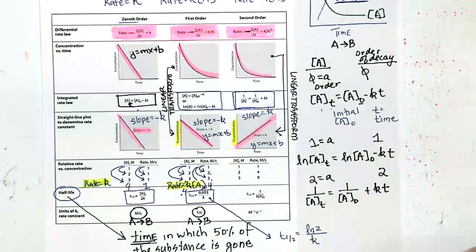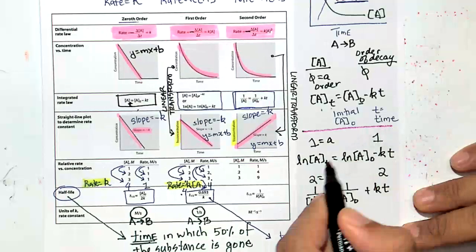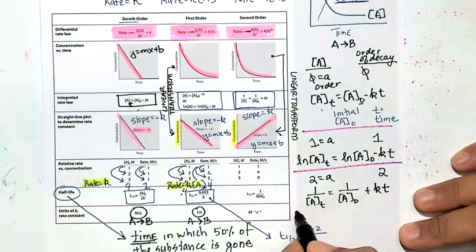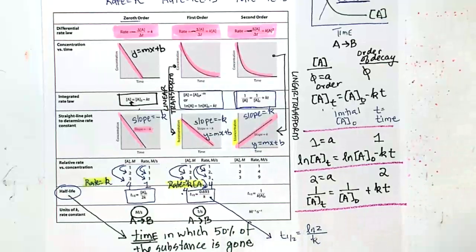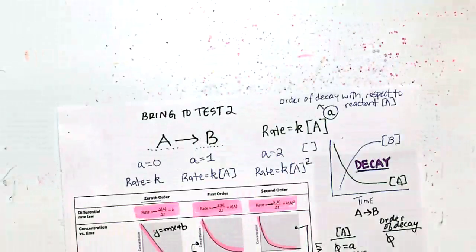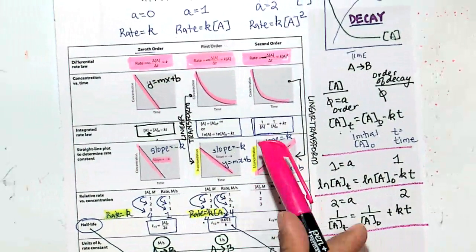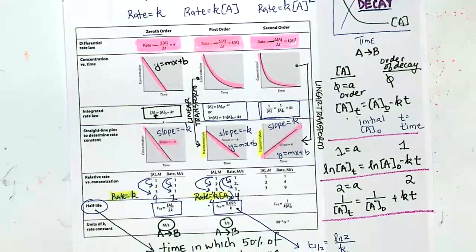So in terms of the equation, it's 1 over A at time t equals 1 over A naught, which is initial, plus rate constant K times time t. That is for what type of decay, Bailey? Second order. If that exponent is 2, this is the equation you'll use for the decay.